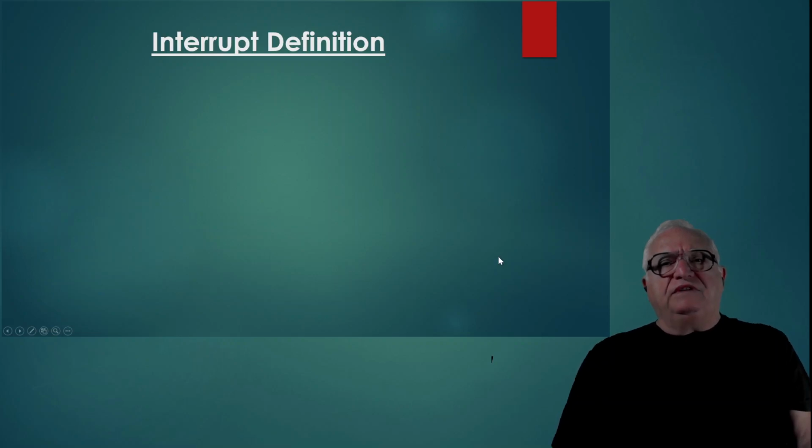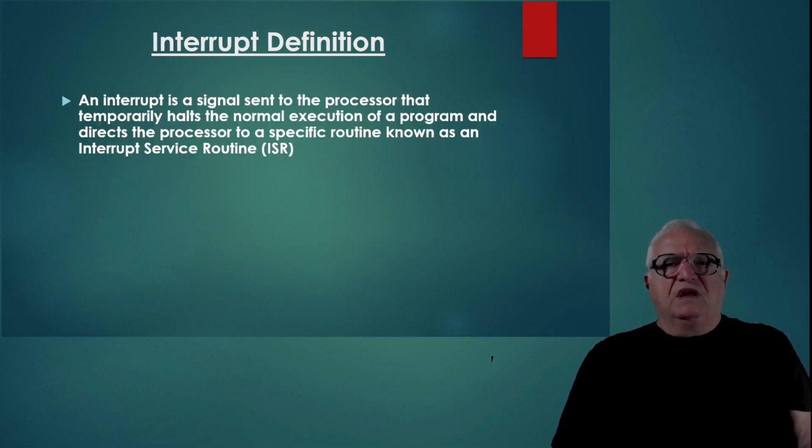Let's start with the definitions of interrupts. An interrupt is a signal sent by the processor that temporarily halts the normal execution of the program and directs the processor to a specific routine known as the interrupt service routine.